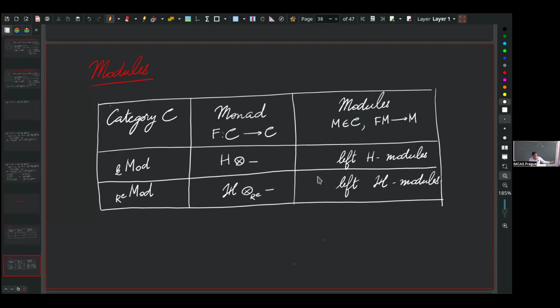And now we consider bimonads, and the bimonad structure translates into an additional structure on the category of modules.